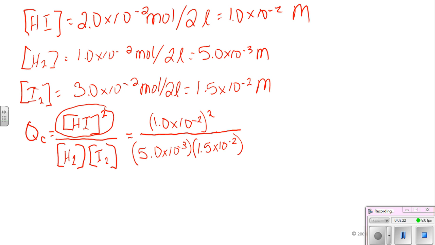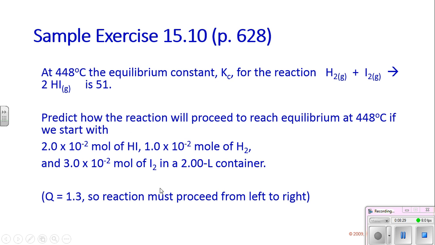So let me go back here to our balanced equation. That means it's going to shift in this direction towards your products to reach equilibrium. Thus, we're going to need to make more HI to reach equilibrium, and we're going to have more products. So that's why we're going to say it proceeds from left to right.